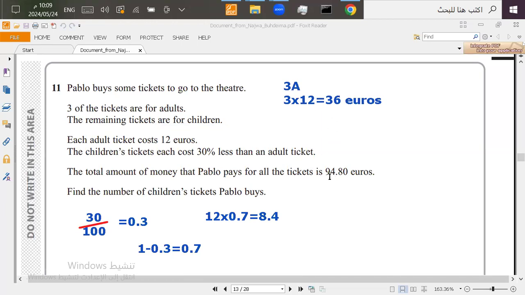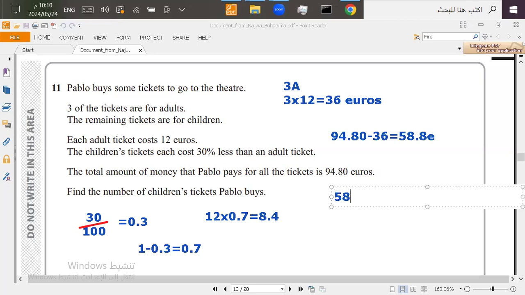So I'm going to subtract these. 94.80 minus 36 euros to find out how much money is left for the children's tickets. So 94.80 minus 36, and the answer is 58.8 euros. Now, I'm going to take the 58.8 euros divided by 8.4 because each one of them costs 8.4.